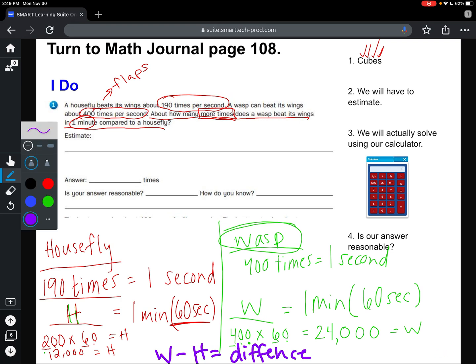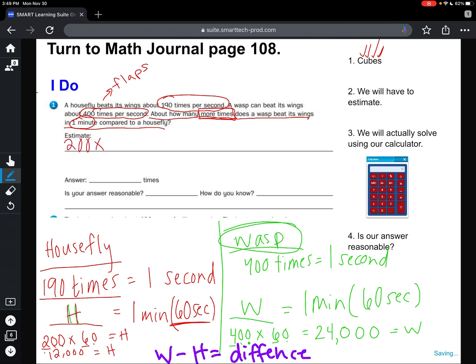So when I write my estimate on my line, I'm going to do exactly what we did first. The first thing we did was 200 times 60 equals 12,000. That was the first thing we did.